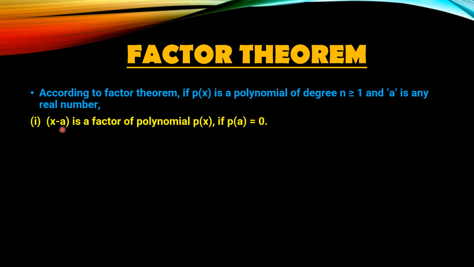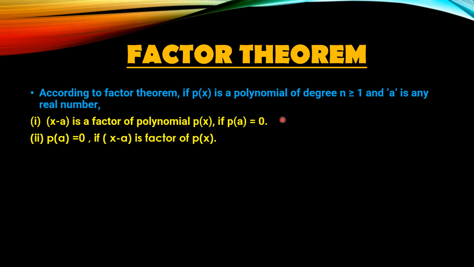Understand it again: x minus a is a factor of a polynomial if p(a) is 0. We have found p(a), p(1), p(0) in previous exercises. Next statement, vice versa of the previous one: p(a) is equal to 0 if and only if x minus a is a factor of p(x).